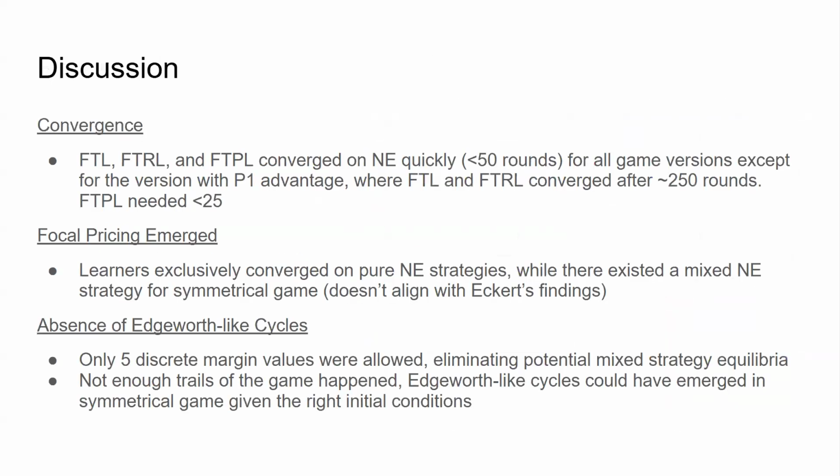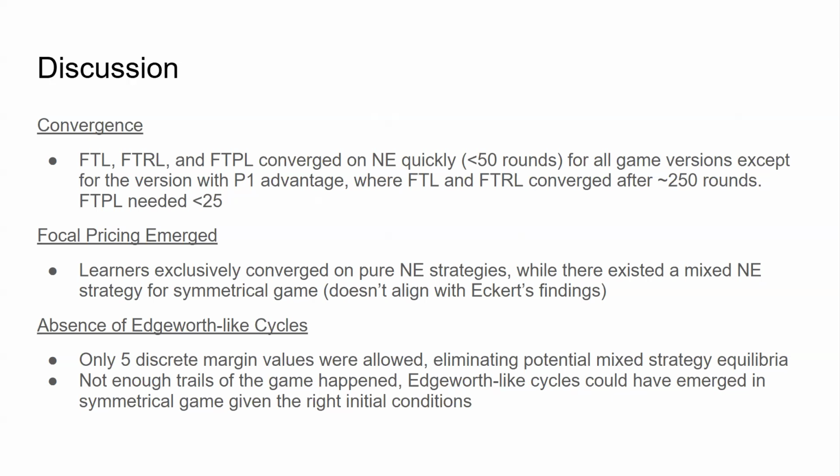where, as you can see in the convergence part of this slide, follow the leader and follow the regularized leader were not able to converge on the Nash equilibrium within the time frame that you saw on the previous plots. I had to extend the rounds played in order for them to finally converge onto the Nash equilibrium.